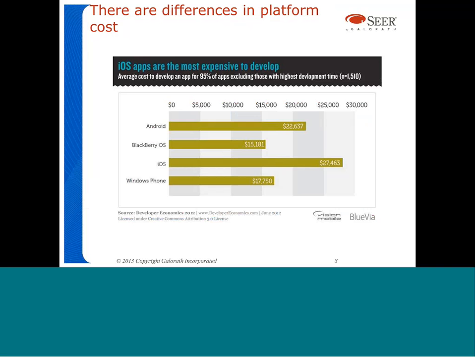This is the difference heretofore, I should say, because I'll describe how things are changing. This was done by, I think, Vision Mobile and Software Developer Economics, which is borrowed from them under Creative Commons license. This was a survey they did that showed the relative costs. And you can see here that among the developers surveyed, iOS tends to cost the most. Now, take this with a grain of salt.